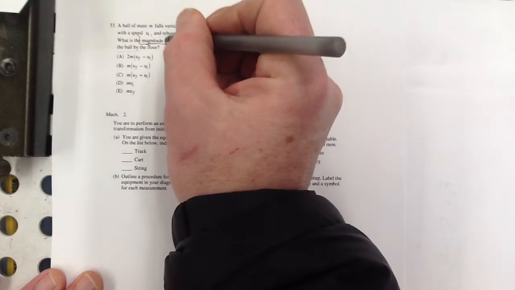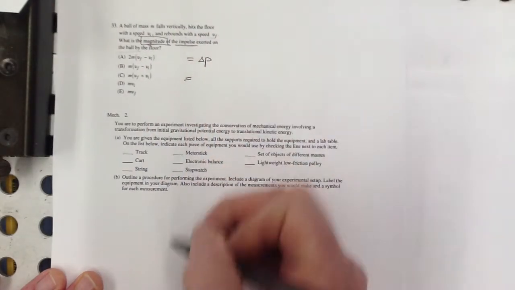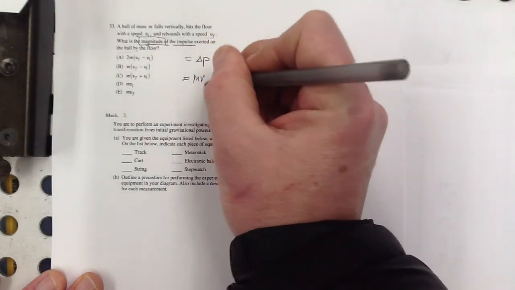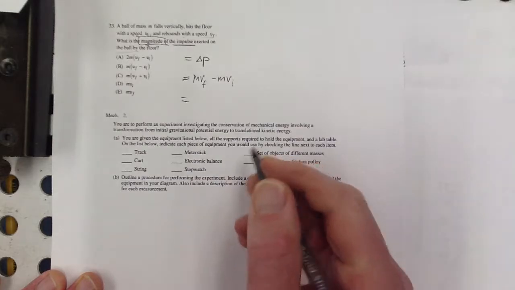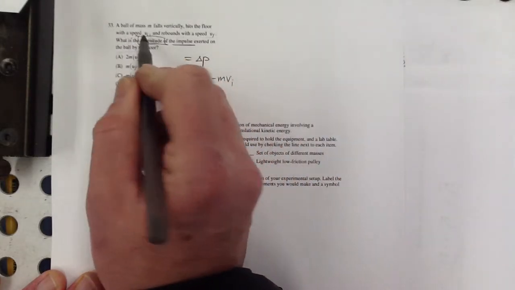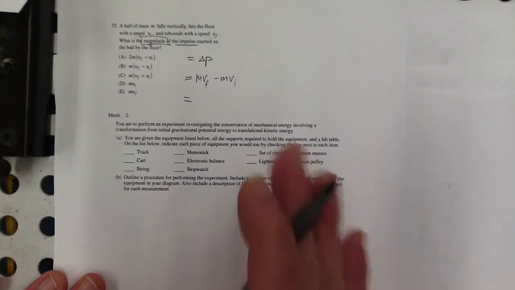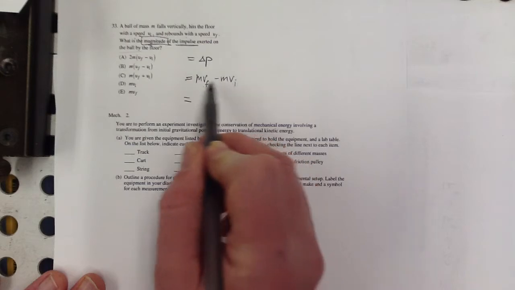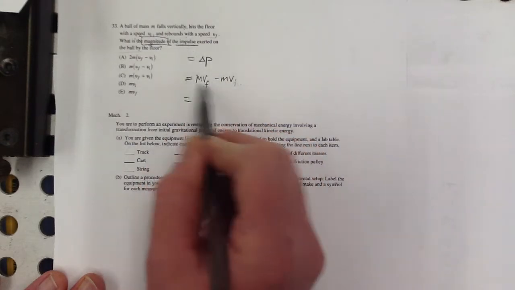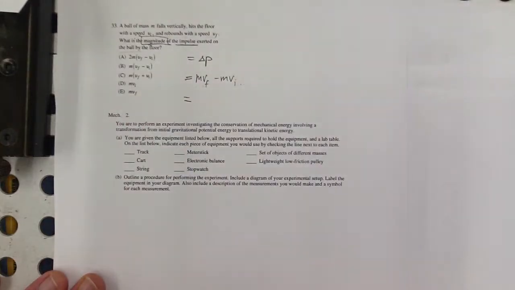So magnitude means the positive version. The change in momentum is mass times final velocity minus mass times initial velocity. It hits the floor with a speed v. Now we need to be careful here because they're saying magnitude, but I can't treat both of these as speeds. I have to respect the direction, and then my final answer I can make positive.